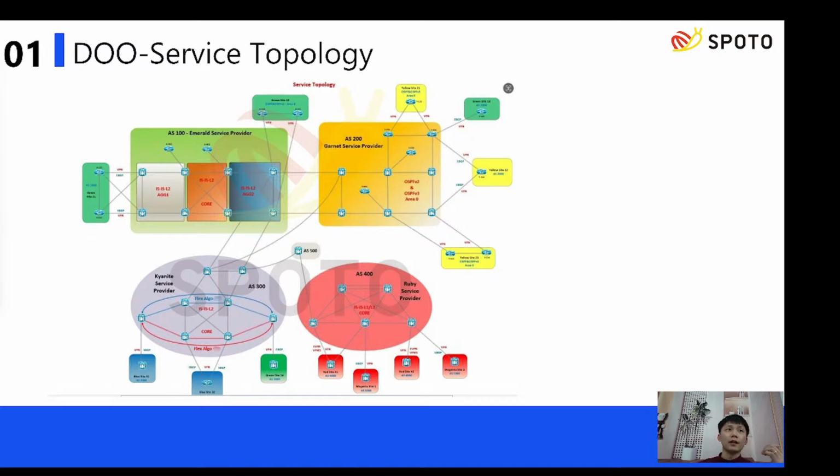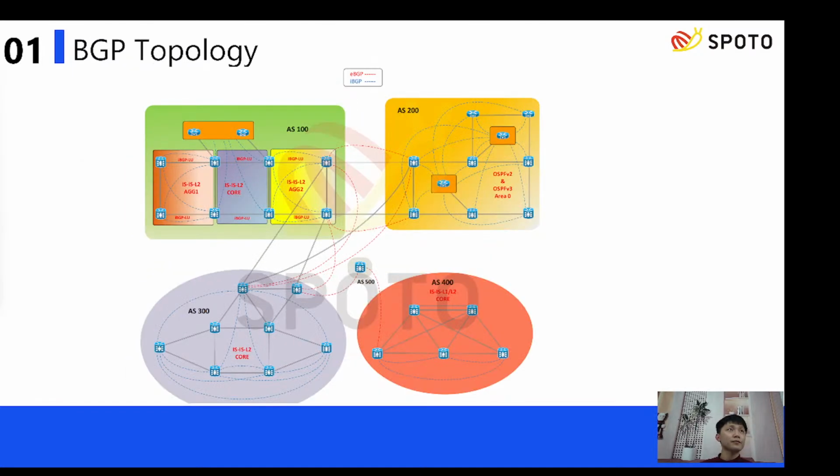Also, there will be ISIS you need to configure: ISIS level 2 in the Emerald SP service provider network. You need to set up 3 ISIS instances. I will show you more details later. This is the service topology.